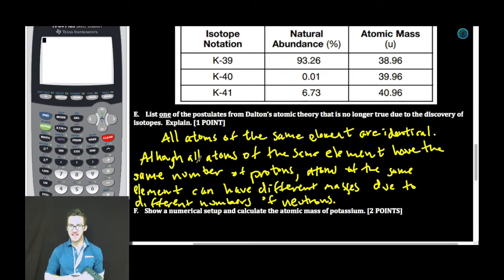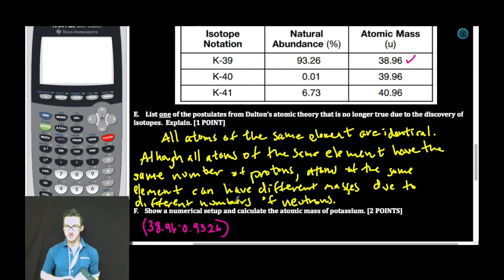All right, so it's going to be mass of the first isotope, 38.96, boom, times its percent abundance of 0.9326. Don't forget to move your decimal 2 places, plus the mass of your second isotope, 39.96, boom, times 0.0001.